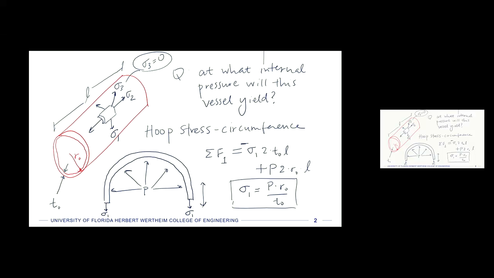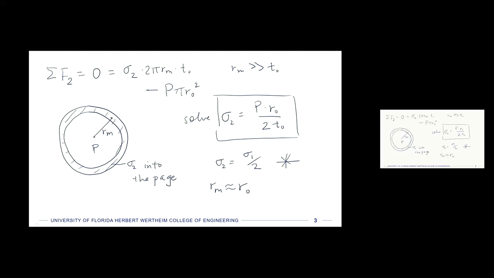And so in order to calculate when that would yield, we need to apply some failure theory. The textbook is funny that it applies failure theories before teaching them, but only for this example.